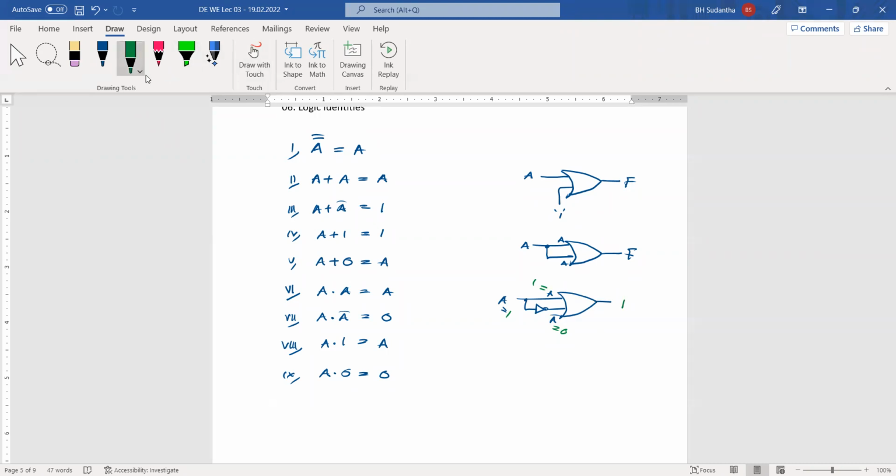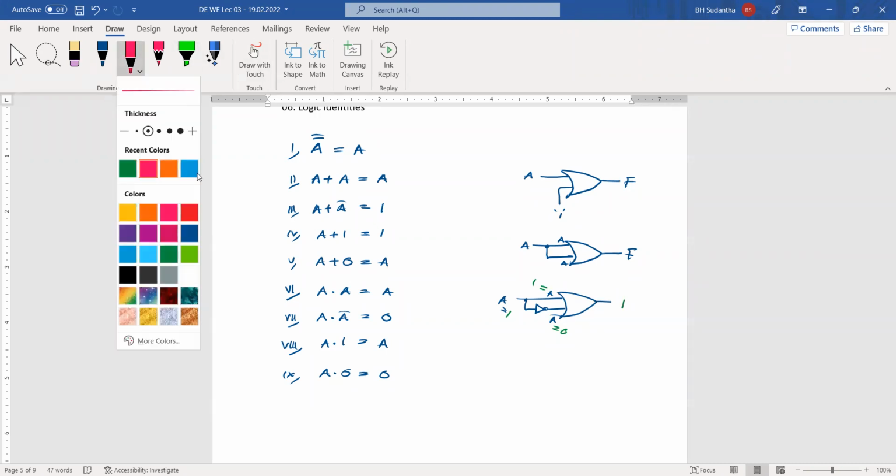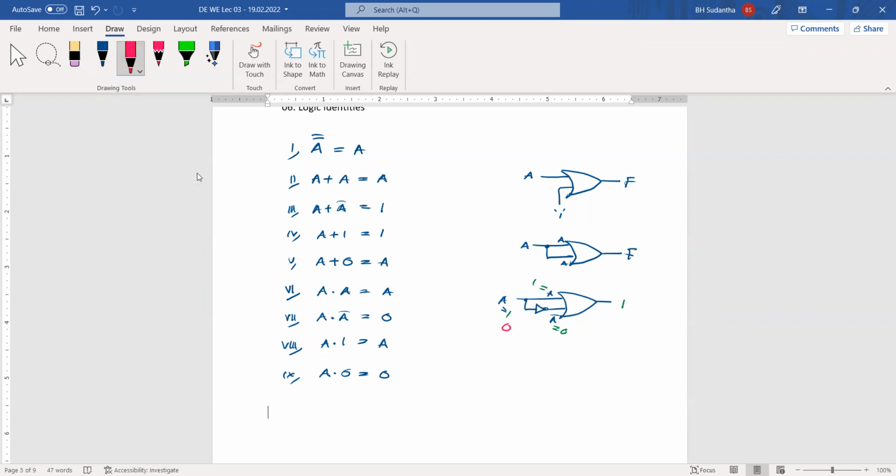Then shall we think that now A is 0? Because of this, A is 0, this line is 0. Then because A is 0, A bar is 1. Then again we have 1. Then output is 1. Whatever the value that A is having, it doesn't matter. When A is 1, output is 1. When A is 0, output is 1. Always output is 1.